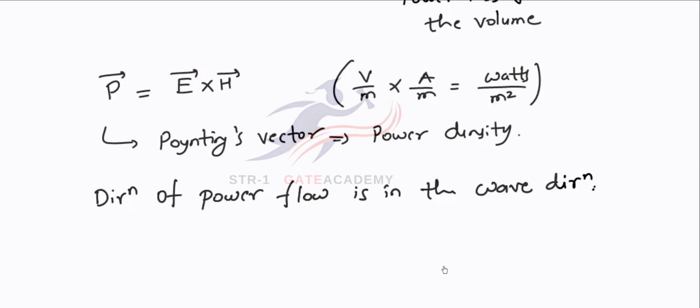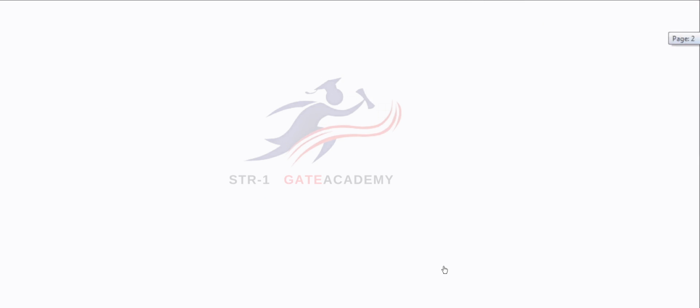Now, this is called as power density. So we have defined a new term over here, which is called as power density, and we are calling that as Poynting's vector. Now we will define the instantaneous and average Poynting vectors. So this equation P vector is equal to E vector cross H vector will help me.